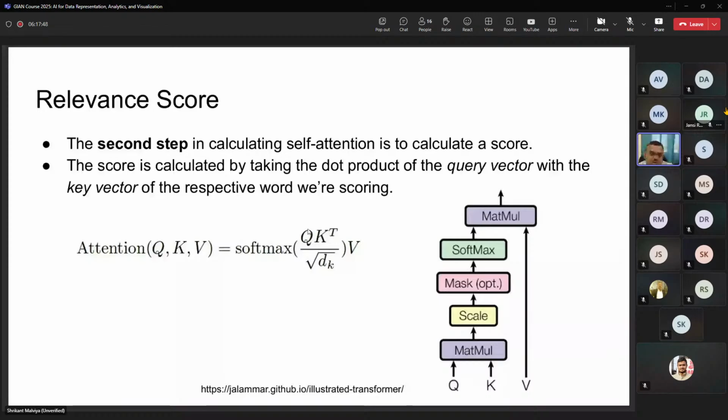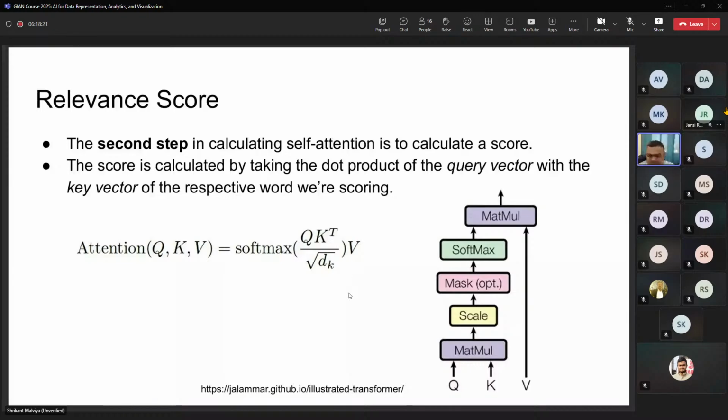So to normalize it, we'll divide it by the square root of the dimension of this vector, and also apply the softmax in order to get a probability between 0 and 1. That probability we can understand as a weight, which decides how much this particular word is related to the current word which we are processing.